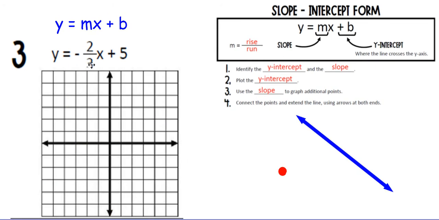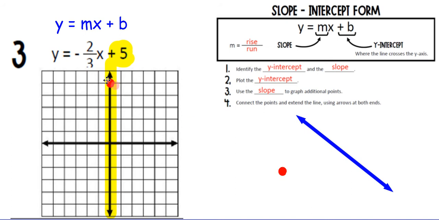Y equals -2/3 x plus 5. So again, I'm going to start on the y-axis. I'm going to plot my first point on the y-axis, and that's going to be a +5. And now I have a slope of -2/3, so the line's going to go this way.